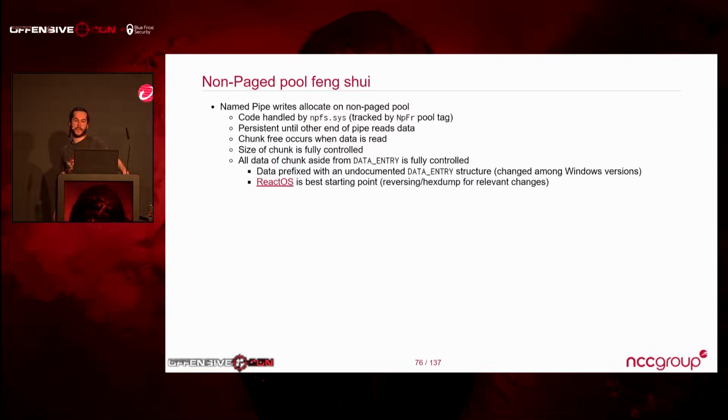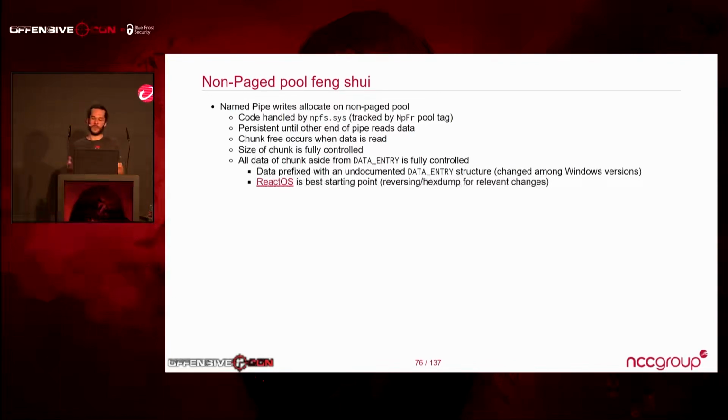The idea is that a named pipe is like a pipe that you can send information to from one end to another and read and write. Every time you write something on a named pipe, it's going to be allocated on the non-paged pool, and it won't be freed until you read it from the other end. So you just allocate a named pipe and start sending data, and you can allocate stuff on the non-paged pool.